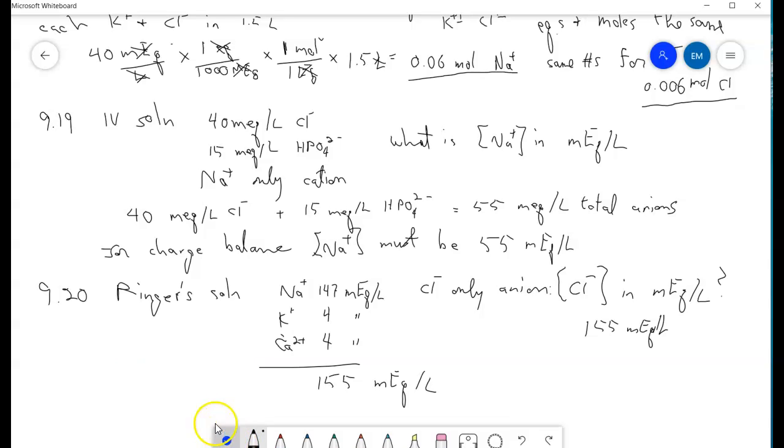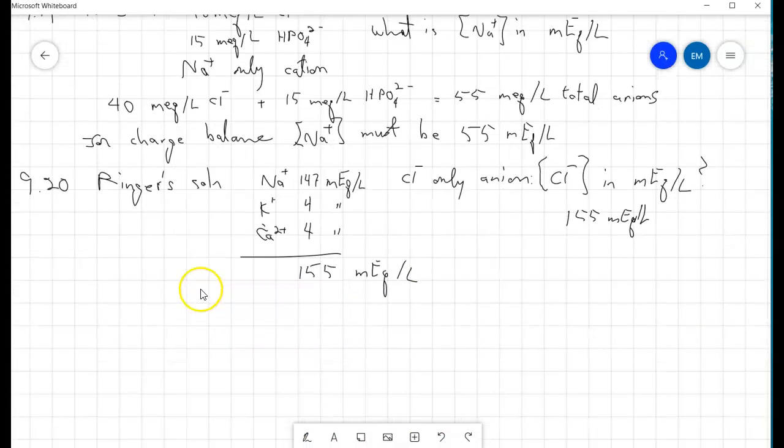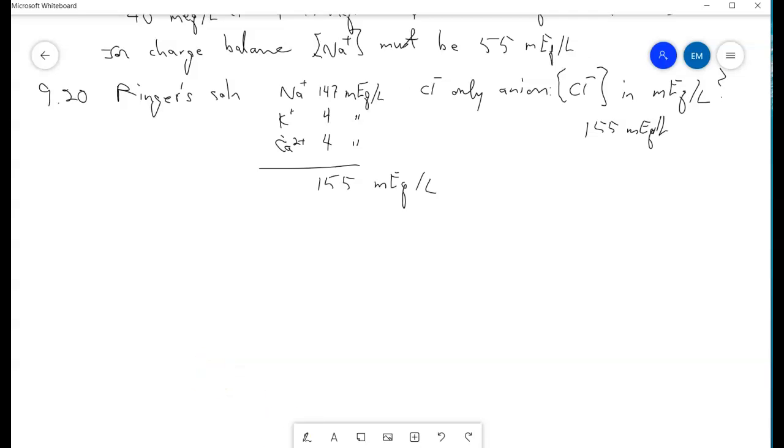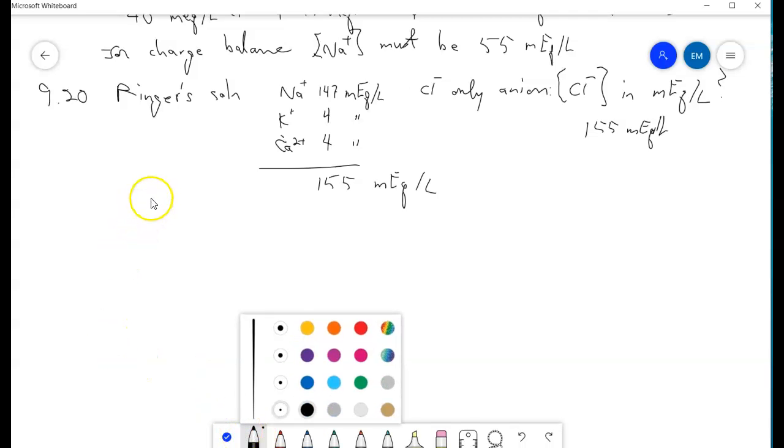I'm going to finish up, but with this, they could have asked you what's the concentration of chloride ion in moles per liter, and you'd have to take, well, sodium and potassium would be no problem, but calcium now you've got 4 milliequivalents per liter, but what's that in moles per liter? Okay, so let's do that one just for fun.